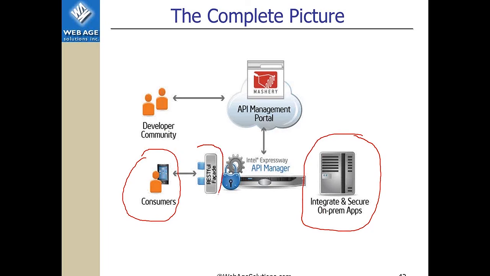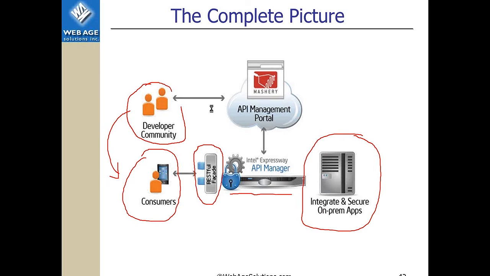Consumers interact with a RESTful facade, which sits in front of the Intel-based service gateway. This is an appliance which can be deployed on-premise or in the cloud. And there is a developed community who actually work with it to help consumers to leverage existing services.